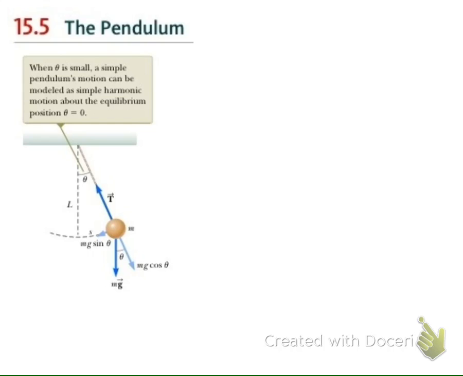The simple pendulum consists of a mass M hung on a string, like this. You have a mass M here, and you hang this mass by this string.